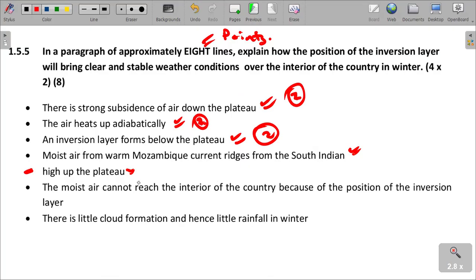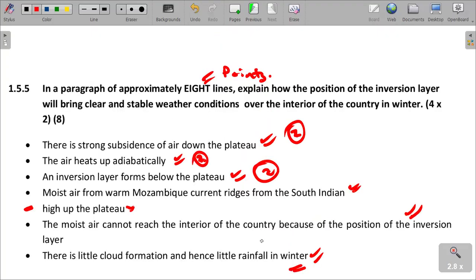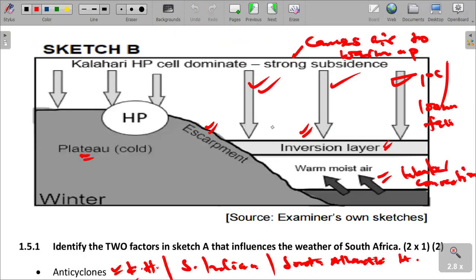Remember that when the air rises, it cannot reach the interior of the country because of the position of the inversion layer. Therefore, there is little cloud formation and hence little rainfall in winter. The inversion layer blankets the warm air that is rising, as you can see from the diagram there.